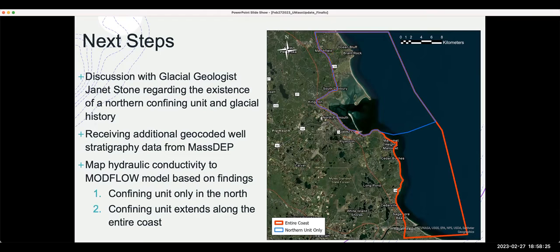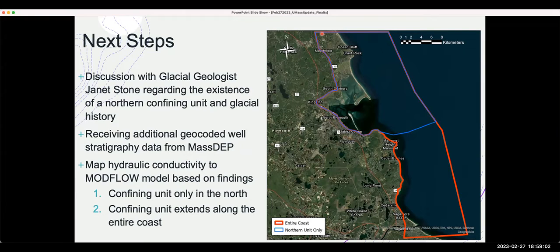That blue line shows one model simulation, which is going to just have the unit in the north. And then to see how the model would react if it extended along the entire coast, you can see the orange polygon. So we're going to do those two simulations, one just in the north and one along the entire coast, to see how this low permeable unit will impact saltwater intrusion.